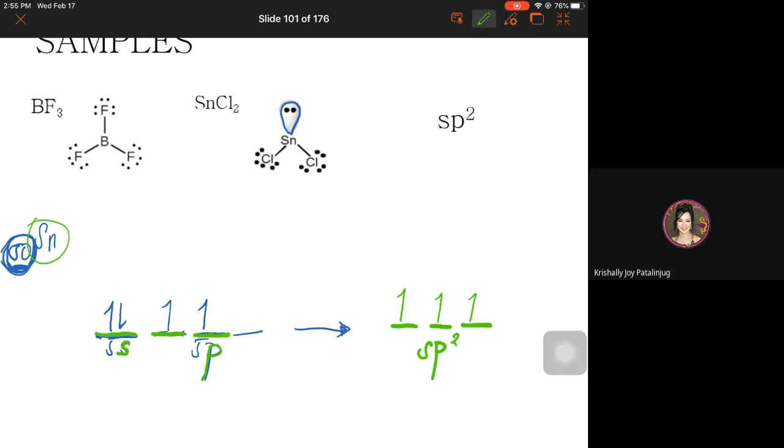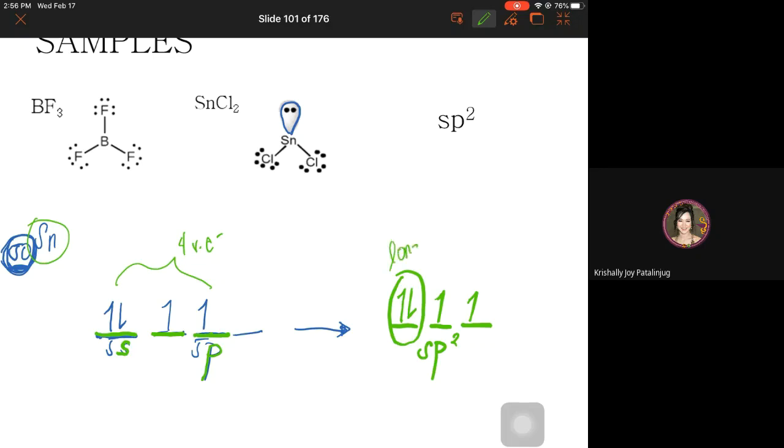Because there are only 3 orbitals, we distribute singly, but that is not enough because tin has 4 valence electrons, so one electron pairs up. This paired electron in the sp2 orbital will be shown as a lone pair.